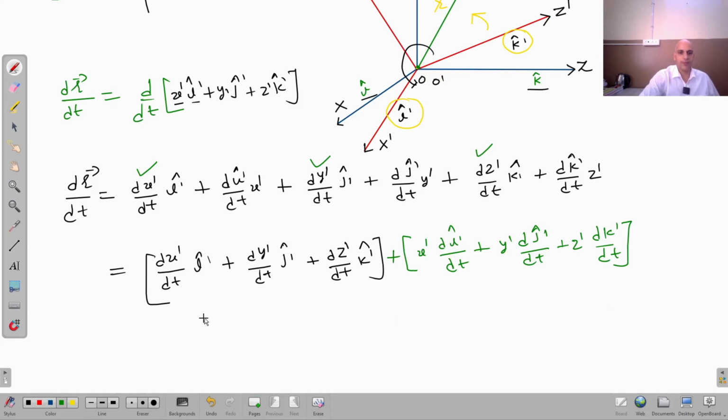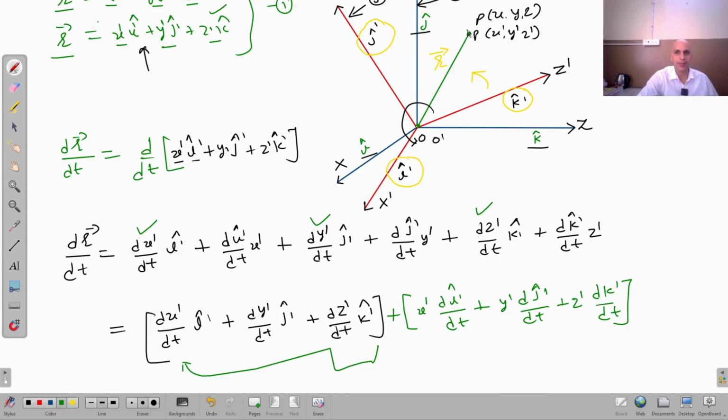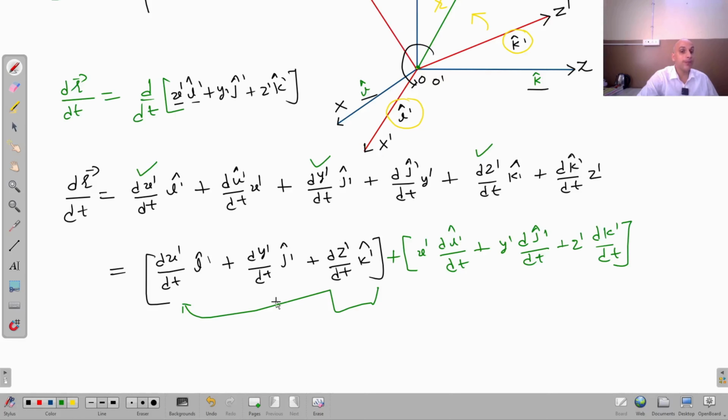Look at this. This is obviously the velocity according to the second observer: dx dash upon dt i dash plus dy dash upon dt j dash plus dz dash upon dt k dash. So we can say that this is the velocity of this body that is moving in space, and at this particular time it is at point P with respect to the rotating observer, right? Whereas this is the velocity with respect to the fixed observer, right?